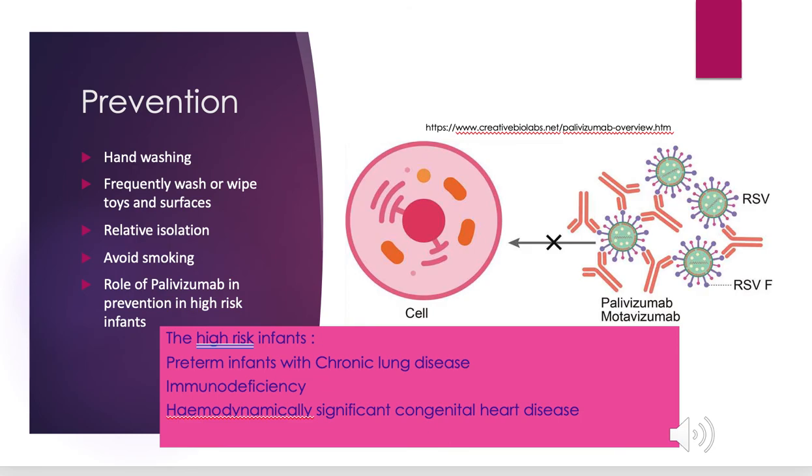There's also the role of palivizumab, which is a monoclonal antibody used in the prevention of RSV in high-risk infants. And the high-risk infants, as previously alluded to, will consist of preterm babies with either chronic lung disease, hemodynamically significant congenital heart disease, or other conditions that might predispose them to a severe course of illness.